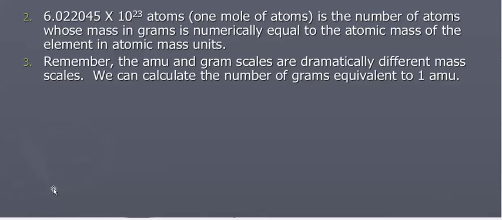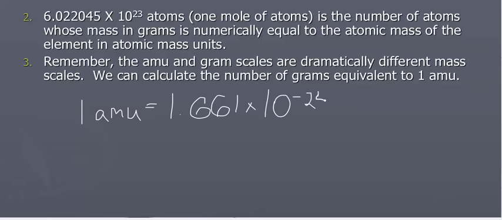So 6.02 times 10 to the 23rd atoms, which is 1 mole, is the number of atoms whose mass in grams is numerically equal to the atomic mass of the element in atomic mass units. Now the AMU and gram scales are dramatically different. I'm not going to go through the conversion here, but 1 AMU, that's how we measure individual atoms, is equal to 1.661 times 10 to the negative 24th grams.